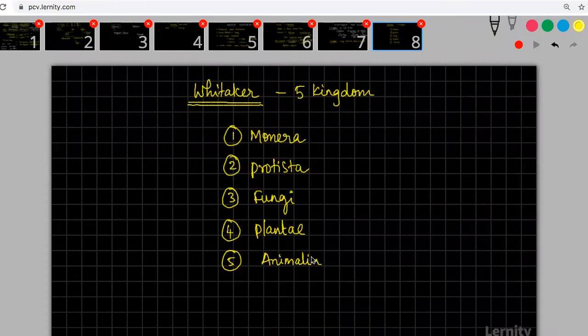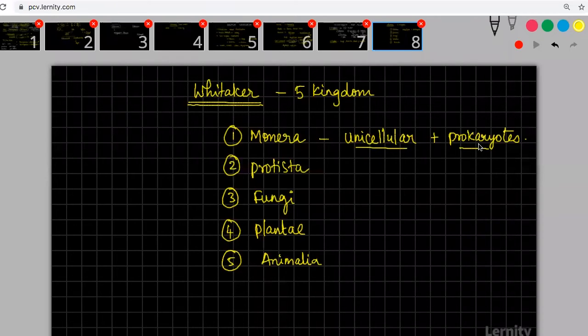So what is this Monera? This Monera is something which will include all the unicellular and prokaryotes. Okay, so all unicellular and prokaryotes come into this category.